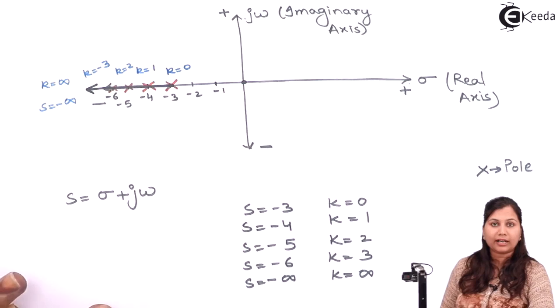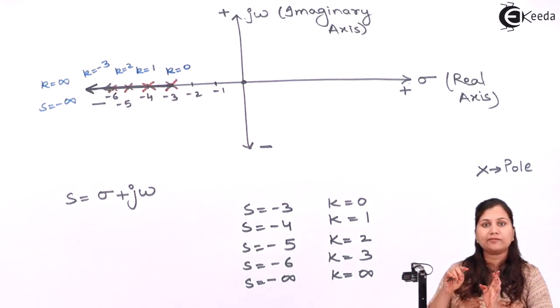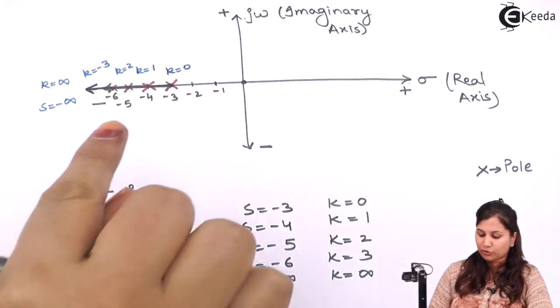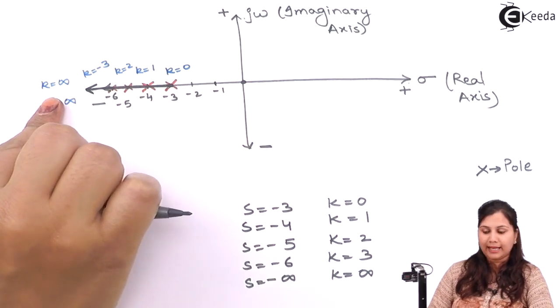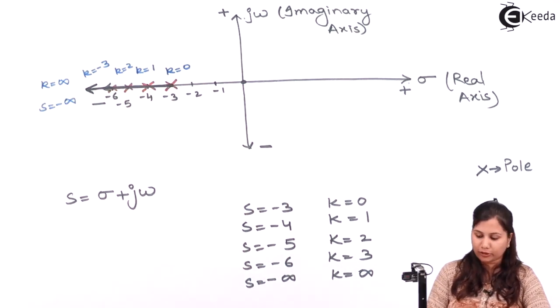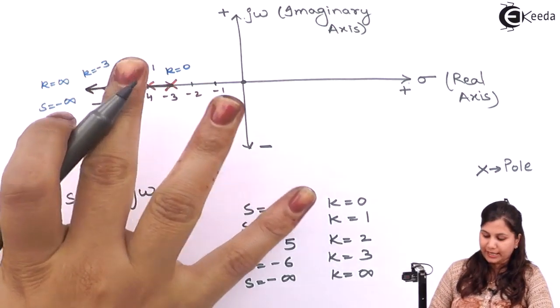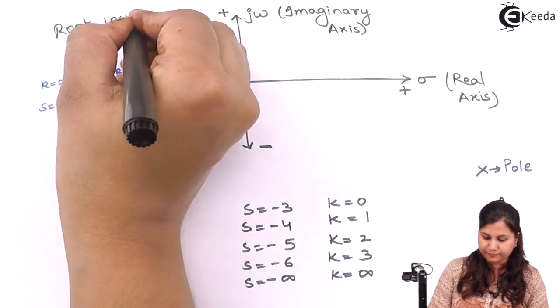What we have done is plotted the locus of the roots. Locus means we are joining these points. Joining all the points, we get a straight line, and this is the locus of the roots of the characteristic equation. So this diagram is the root locus diagram for this system.